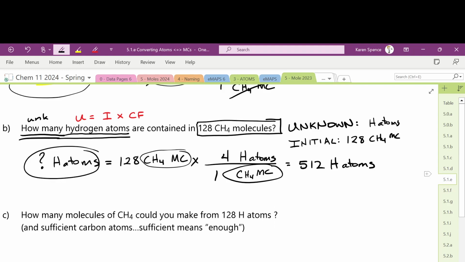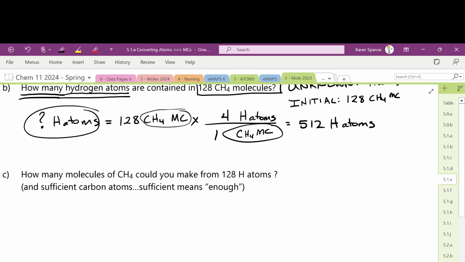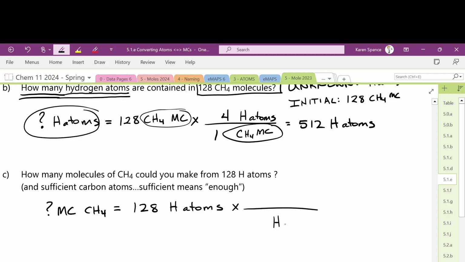All right, so let's check our answers here. How many molecules of CH4 can we make, write the equal sign, from 128 hydrogen atoms? Hydrogen atoms have to go on the bottom.